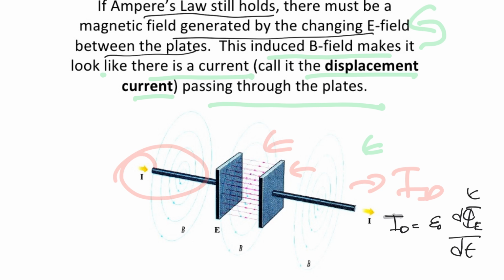And here, because of the change of electric field or change of electric flux, it is going to produce a magnetic field. Okay, got it? So we finished with the first formula from the Maxwell equations.